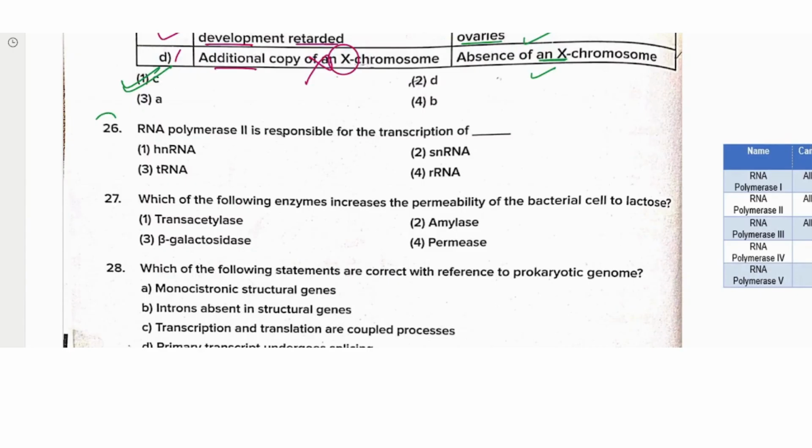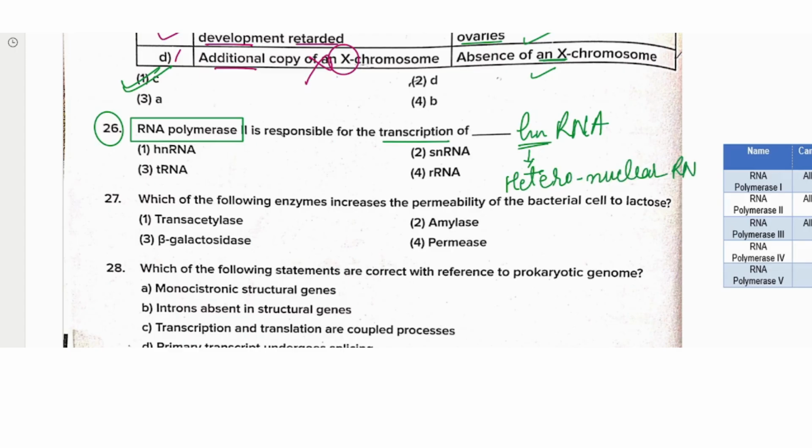Then question number 26: RNA polymerase 2 is responsible for the transcription of hnRNA. hnRNA indicates heterogeneous or heteronuclear RNA.